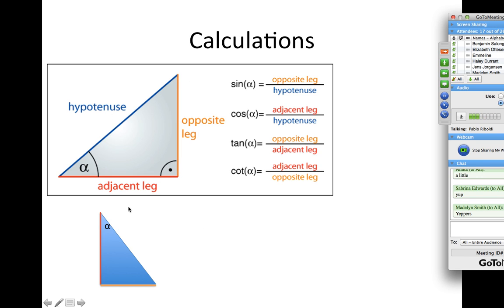If we know, for example, the angle of a triangle and one of the sides, we can measure the other two sides and the other angle.